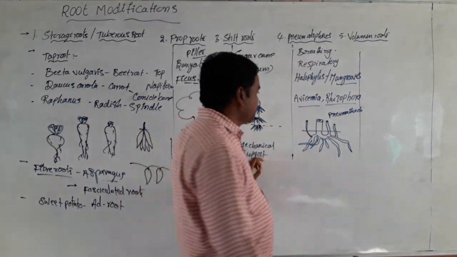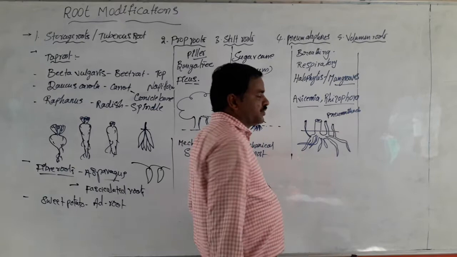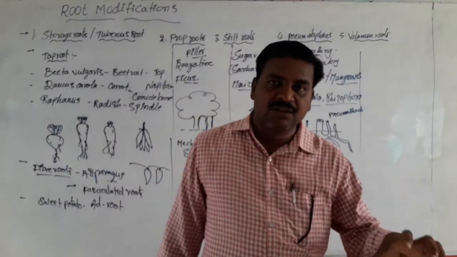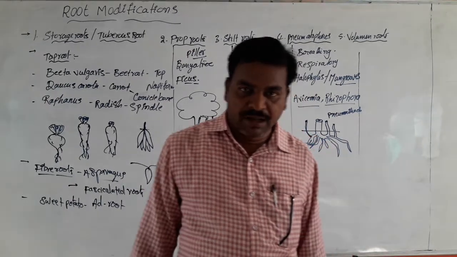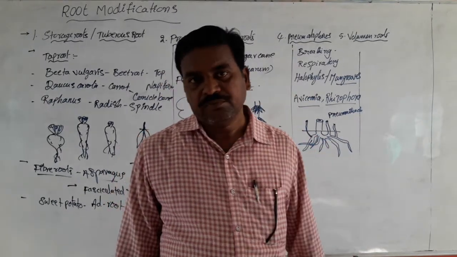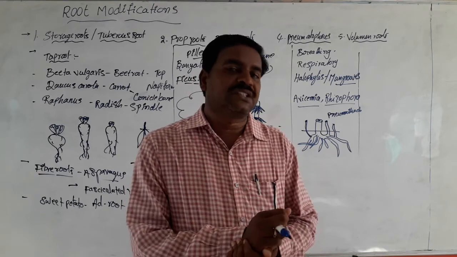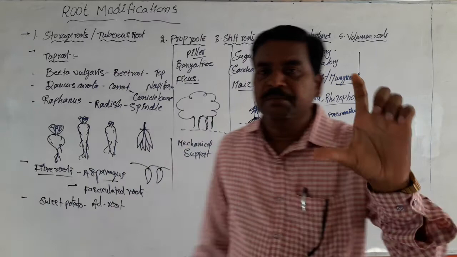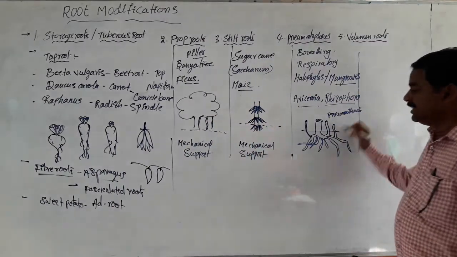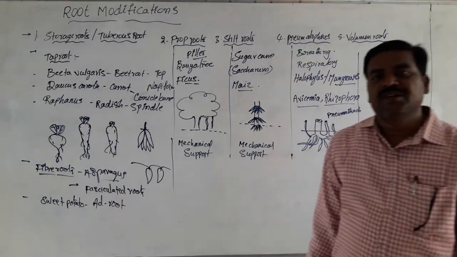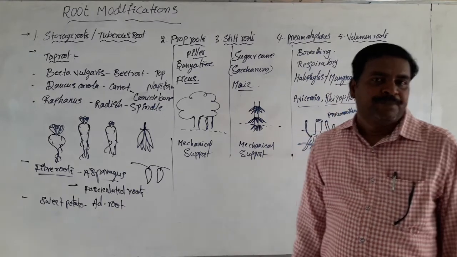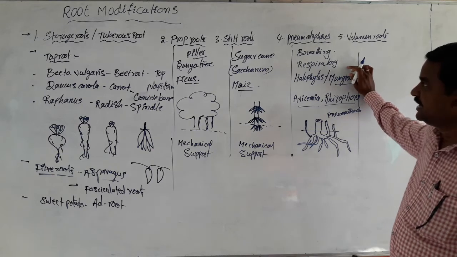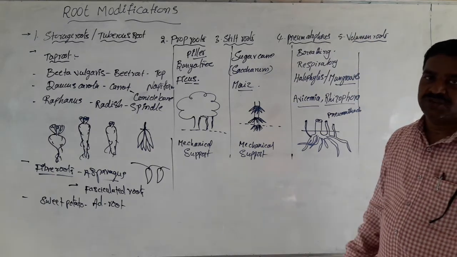These are the special branches developed from underground roots. They grow out of the soil and contain very minute pores. These help in absorption of oxygen from the atmosphere and help in respiration.